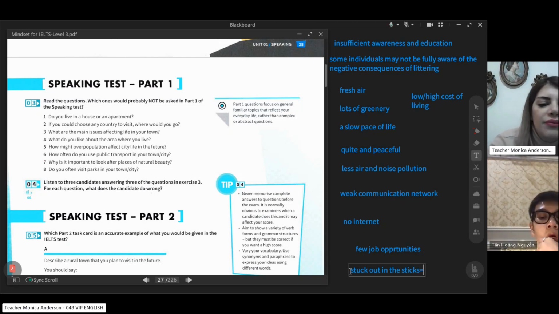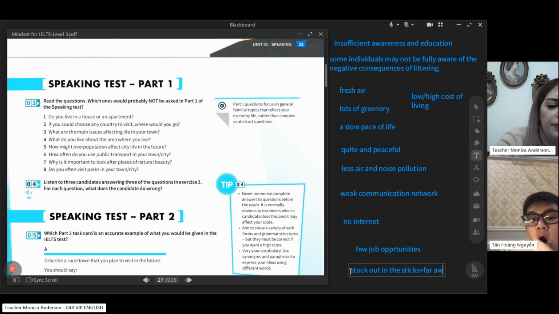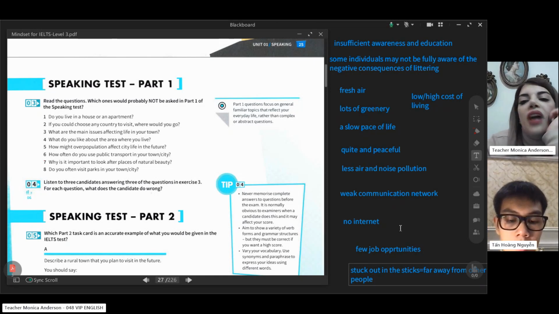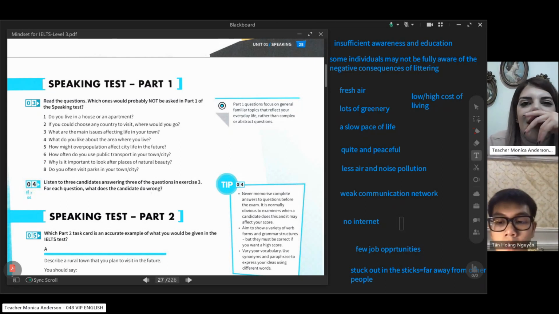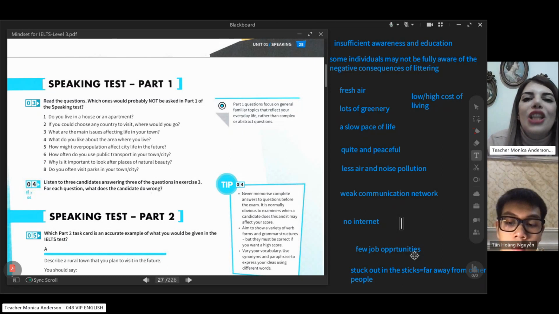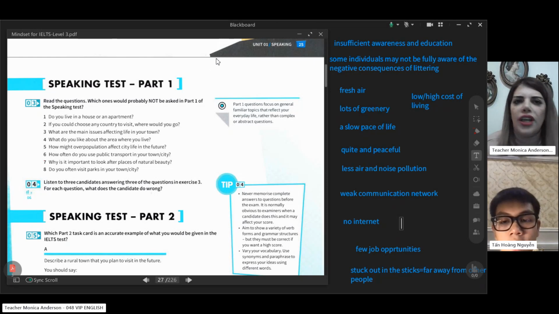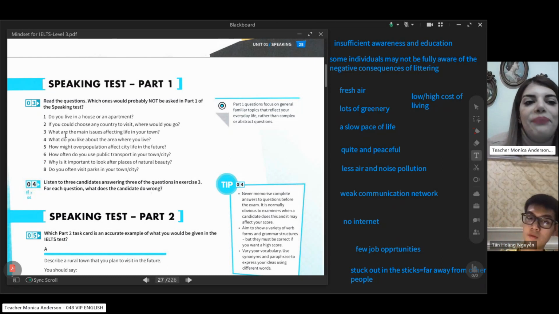It means far away from other people. Sometimes you can get lonely because you're stuck out in the sticks. So you can use them while talking about pros and cons of the area and the place that you live. Okay.